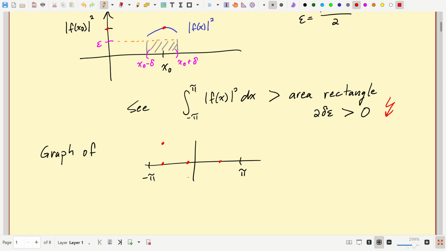Maybe not 0 there, maybe not 0 there. But otherwise it's always 0. At any spot where it's continuous, it has to be 0. Questions about that?